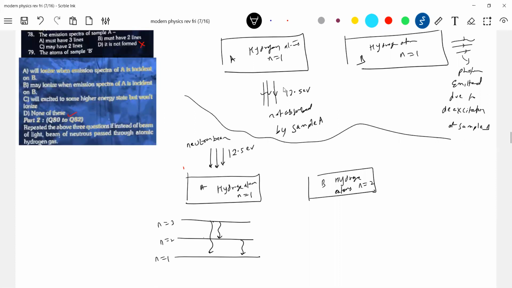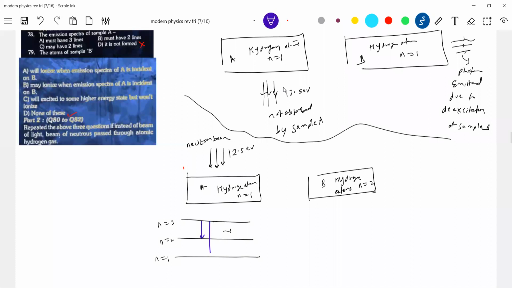So when they are falling on the hydrogen atoms of sample B, anything can happen. I'll write down vertical lines.